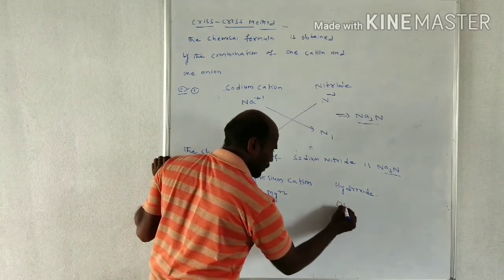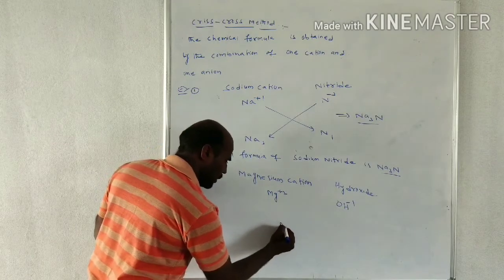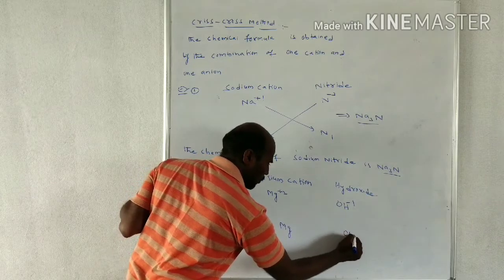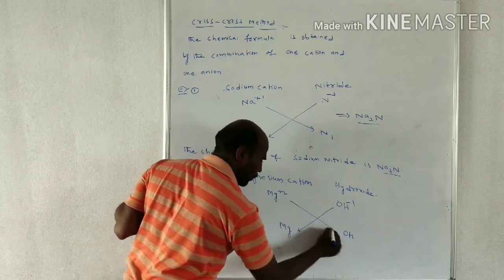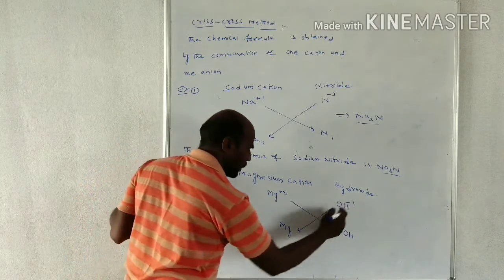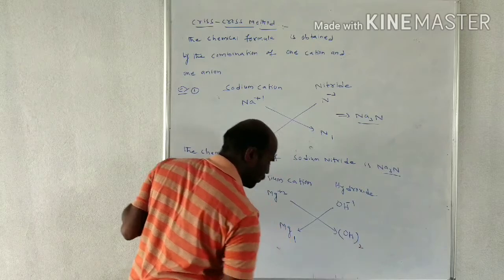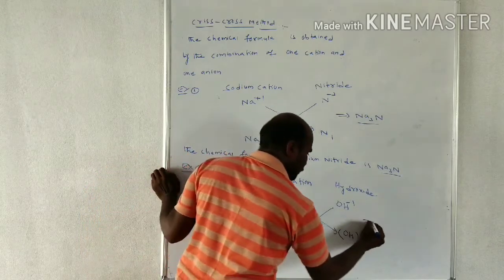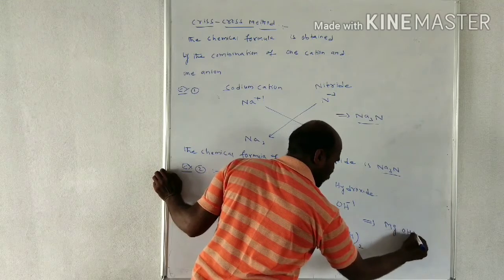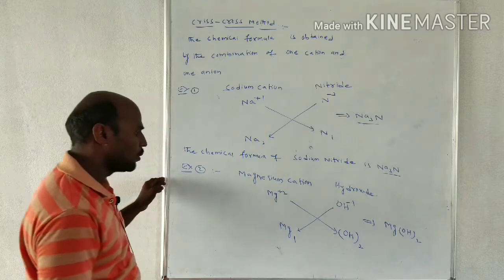Hydroxide means OH minus 1. Similarly, we write Mg and OH, draw the cross mark, and exchange the charges. Here the charge is 1, here the charge is 2. So what is the compound? Mg(OH) taken twice.